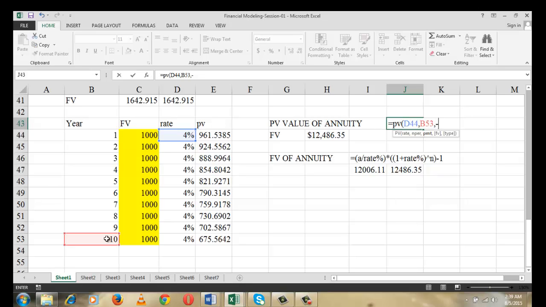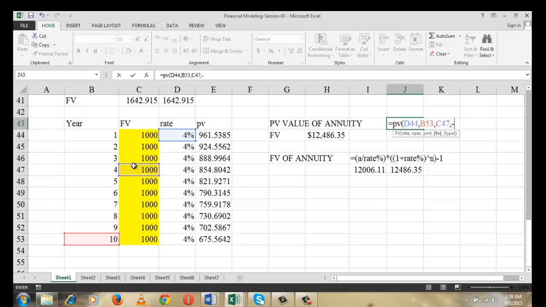Here you have a lot of figures of annuity. So here annuity put 1,000, PMT 1,000, then FV would be what? FV would be the total sum of the annuity.